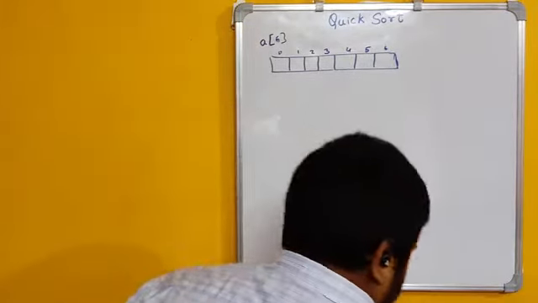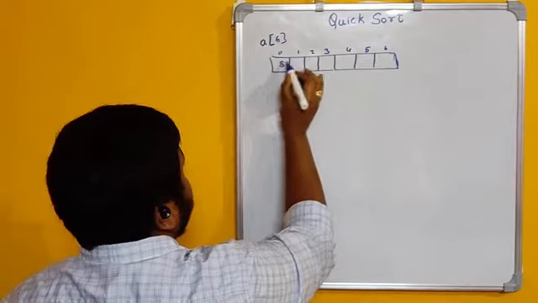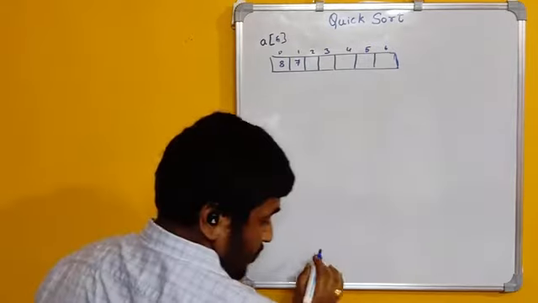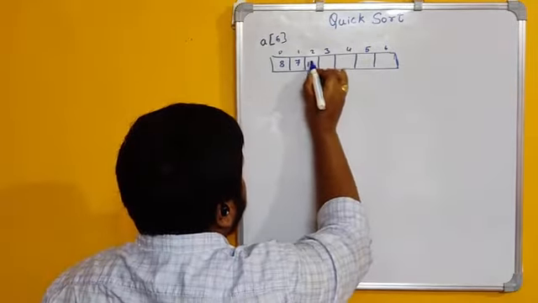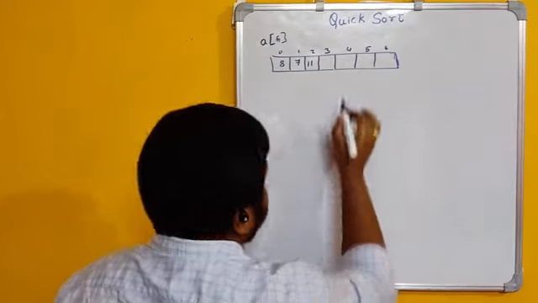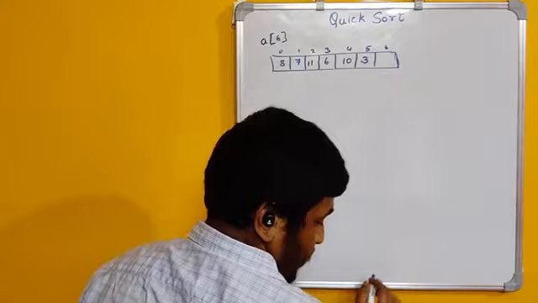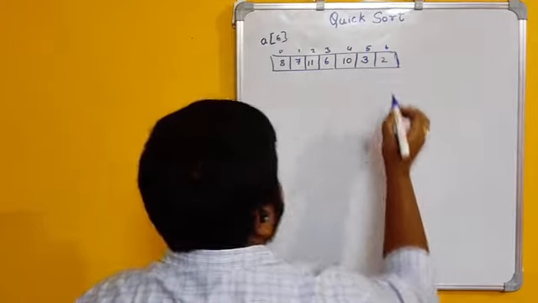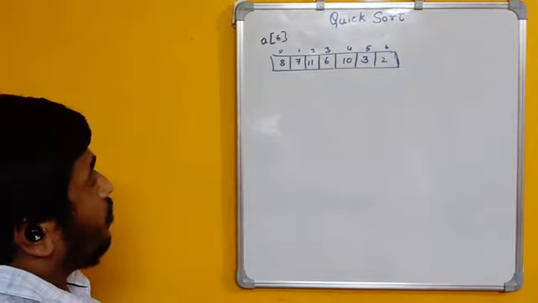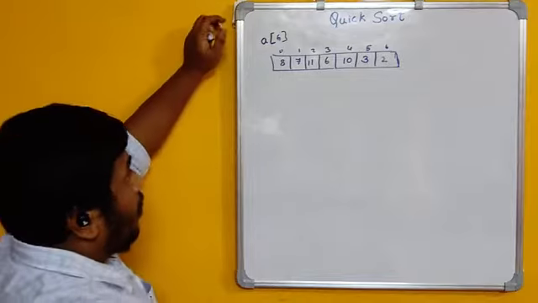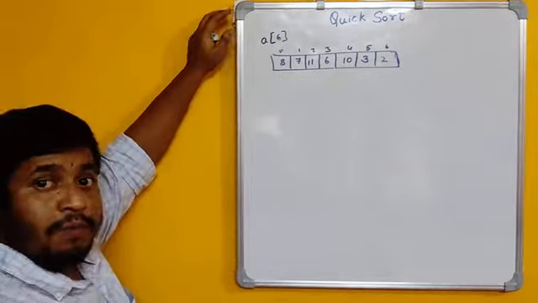The first element is 8, the second element is 7, the third element is 11, the fourth element is 6, then 10, 3, and 2. So this is our main problem.